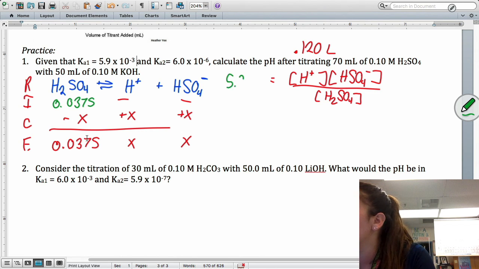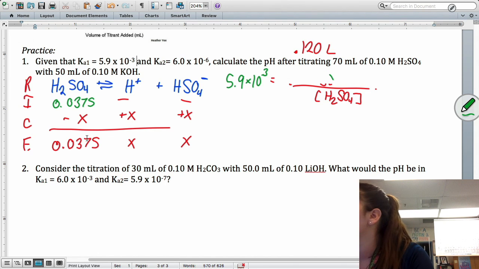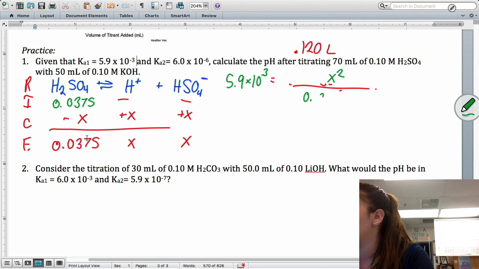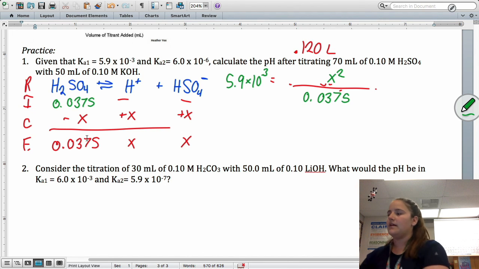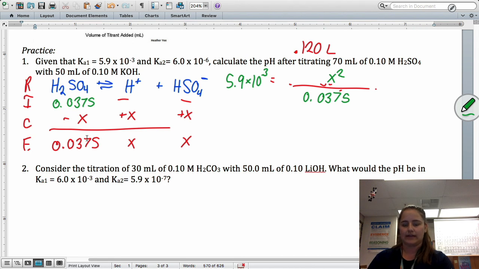So 5.9 times 10 to the negative 3 equals, these are both X, so X squared over 0.0375. Then we do some math: 5.9 times 10 to the negative 3 times 0.0375, and that equals X squared.